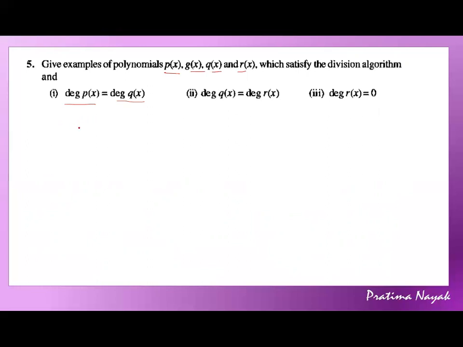So I am taking p(x) is equal to 4x plus 3, and I am dividing by 4. Then now what will I get? I'll get x. This will be 4x. Then 3 is the remainder. So degree of p(x) is 1. Degree of q(x) is also 1. So this is an example.